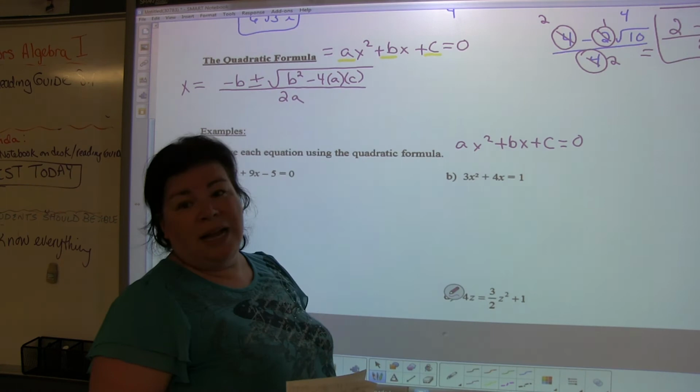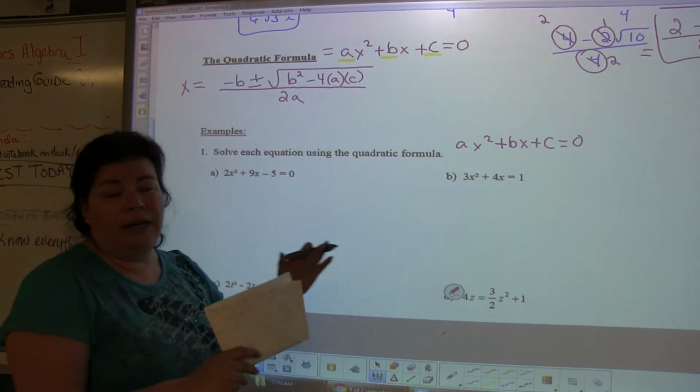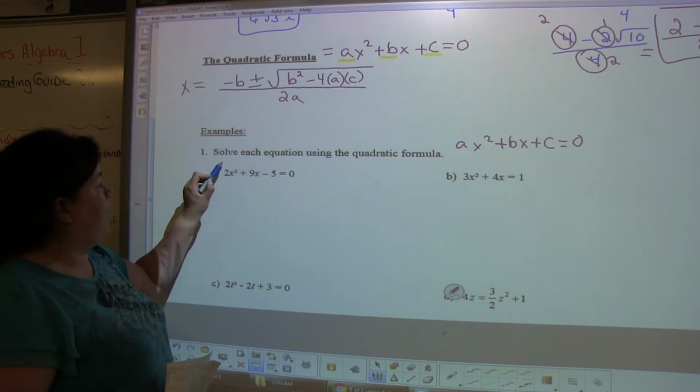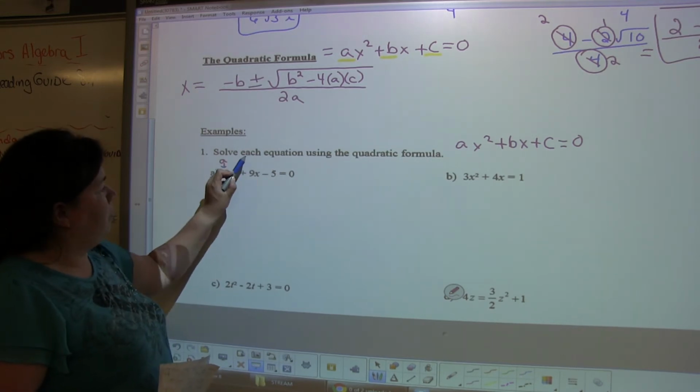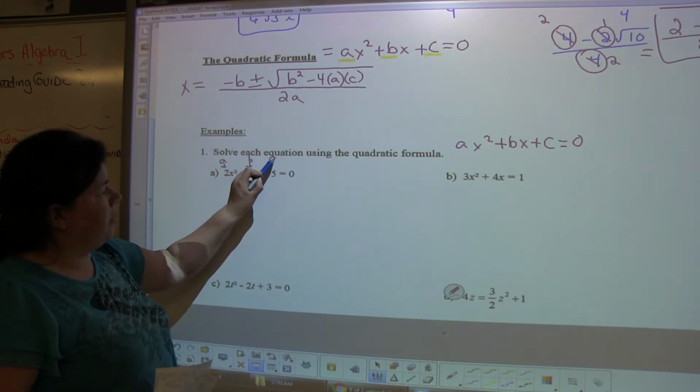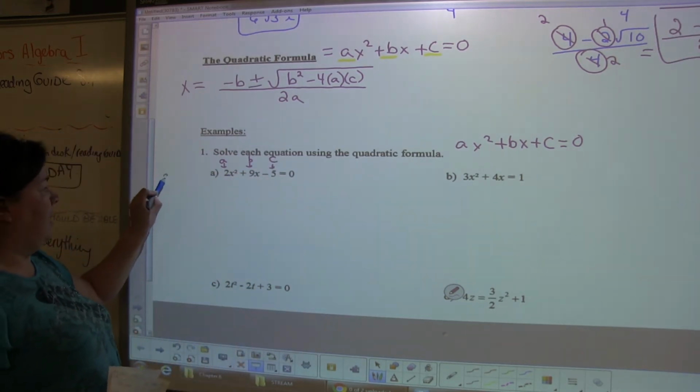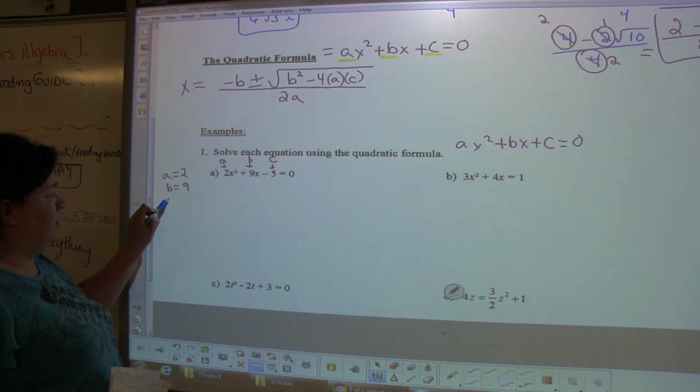So if your equation is not set equal to 0, you have to get it equal to 0 first. Okay, identify your a term, your b term, and your c, your constant. Now you can do it like that, or you could write them on the side. I like to write them on the side myself because it's just a nice thing to view.